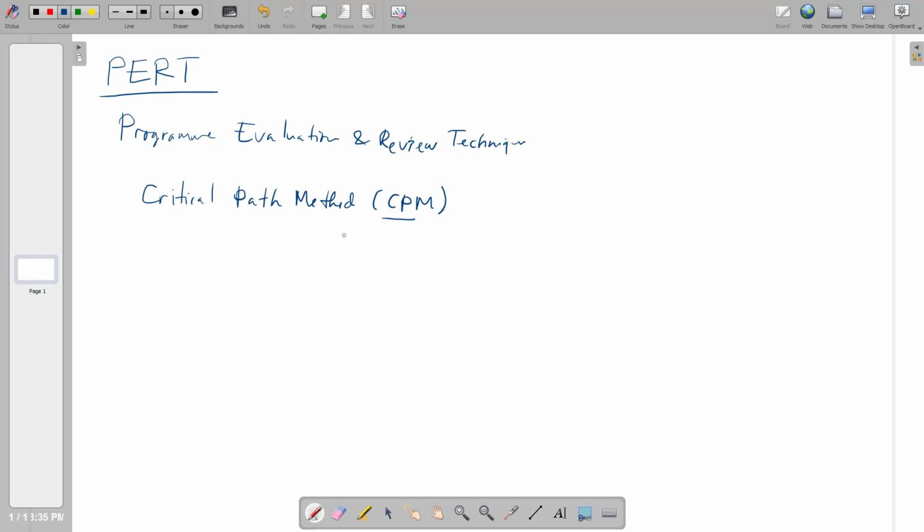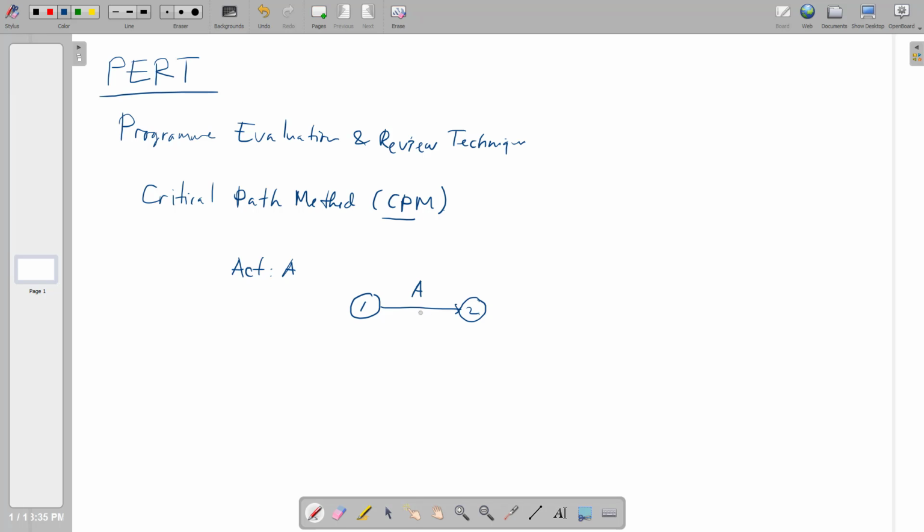In the critical path method, you learned about the project network diagram. For example, if you have an activity A, which starts from the first node to the second node.